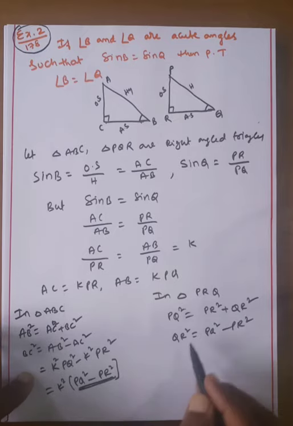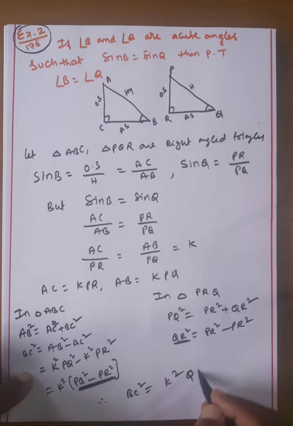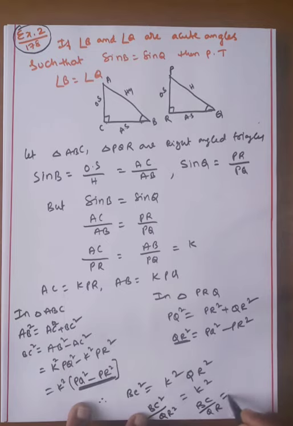Therefore BC square is equal to K square times this value, which is QR square. Now BC square by QR square is equal to K square, so BC by QR is equal to K.